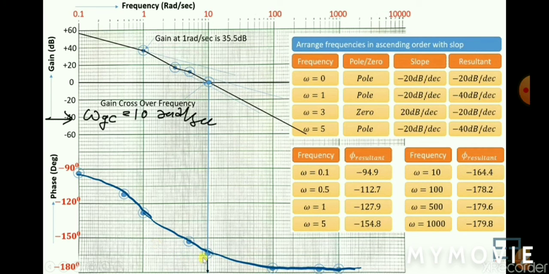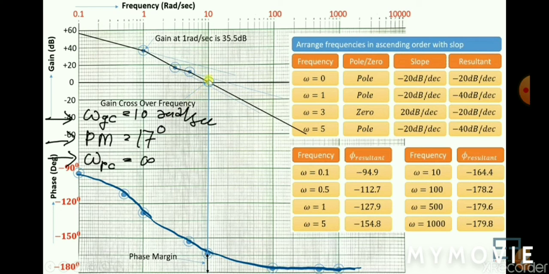If you check the value, the phase margin is around 17 degree, right? Next, omega PC: it is not intersecting the minus 180 reference line, so that will be infinity.